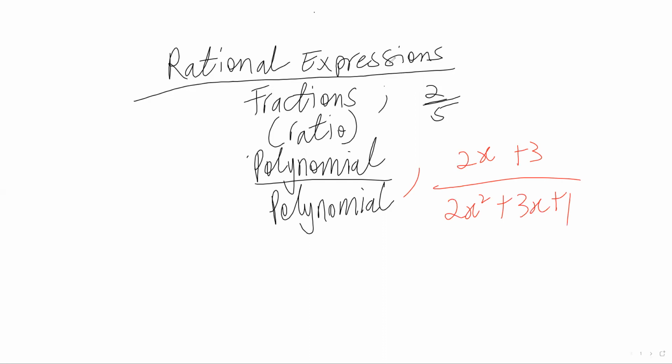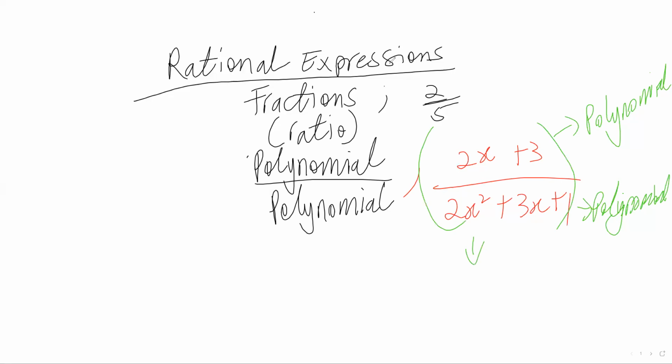Then we know that this is a polynomial. This is also a polynomial. Okay, so we say that the whole of this is called a rational expression. Okay, so rational expression is when you have a polynomial divided by a polynomial.